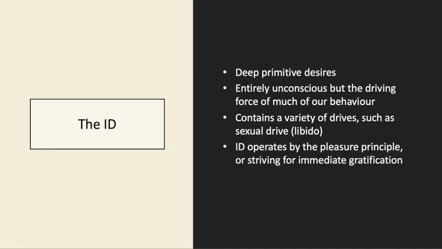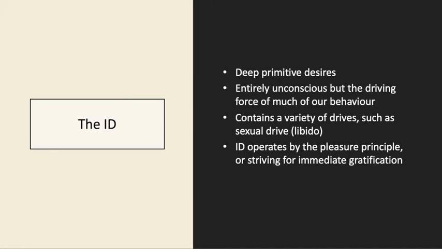The id also operates according to something that Freud called the pleasure principle, meaning it strives for immediate gratification all the time. The id operates through several specific drives, such as the sex drive, or what Freud called the libido, which basically propels people to seek certain pleasures, for example. That is, the id wants gratification no matter how socially inappropriate or unfeasible the attainment of that gratification would be.